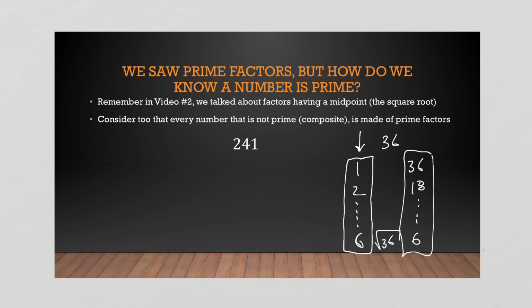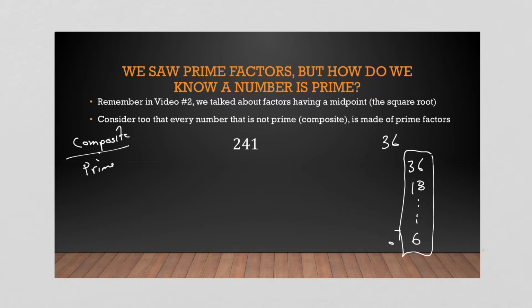And since, remember, composite numbers can be divided by primes, all we need to do is try to divide our given number, so in this case 241, by the prime factors on the one side of its square root. So if you think about that with respect to 36, if I wasn't sure if 36 is prime, now obviously it's even, but the square root of 36 is 6.